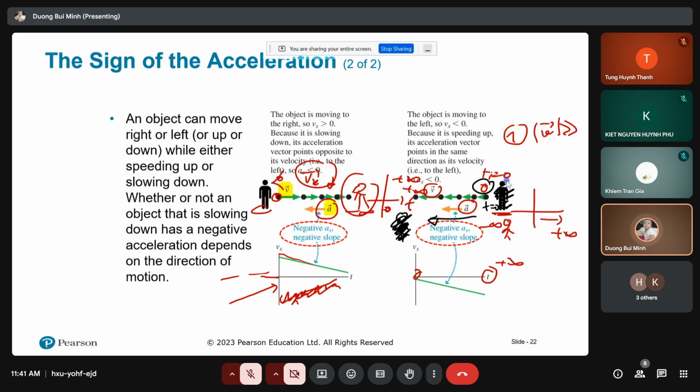I will make sure where is the direction of the position, where the direction of velocities. Anyway, we just compare the meaning of this line. That means we just compare the velocity of v and the velocity of a to make sure v is increasing gradually or v is decreasing gradually.